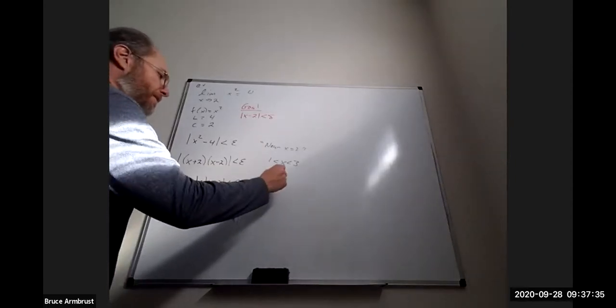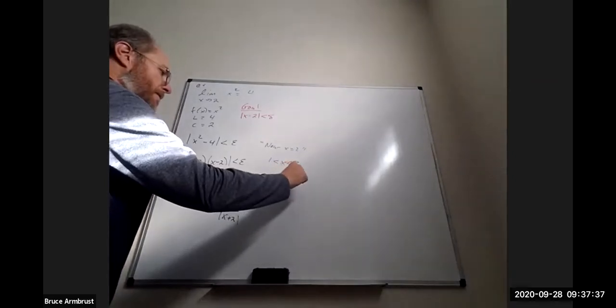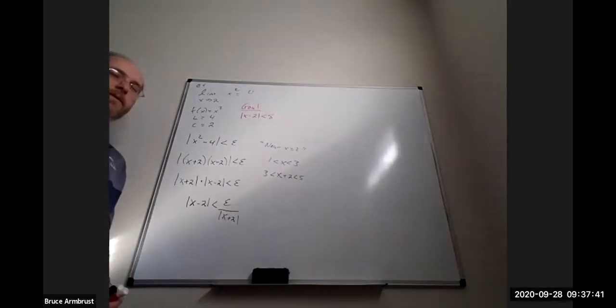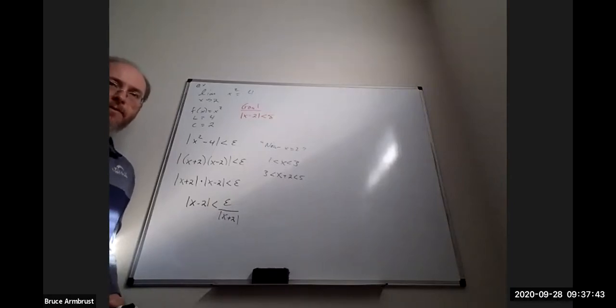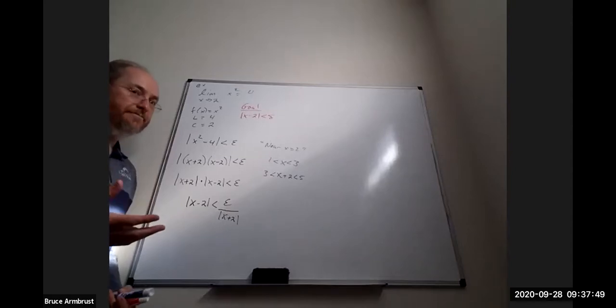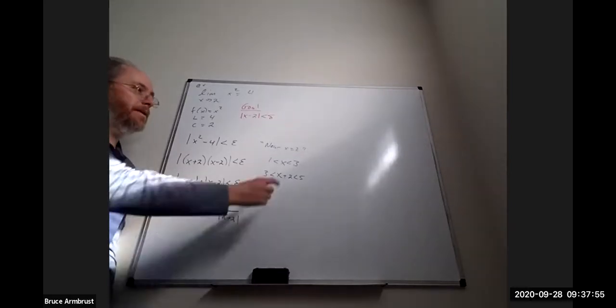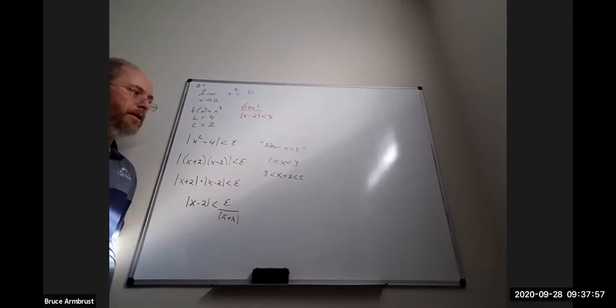So then x plus 2 is going to be something between 3 and 5. Again, if that's not near enough for you, go ahead and get near whatever you want. Shrink that initial thing. But I'm good with x plus 2 is going to be between 3 and 5.